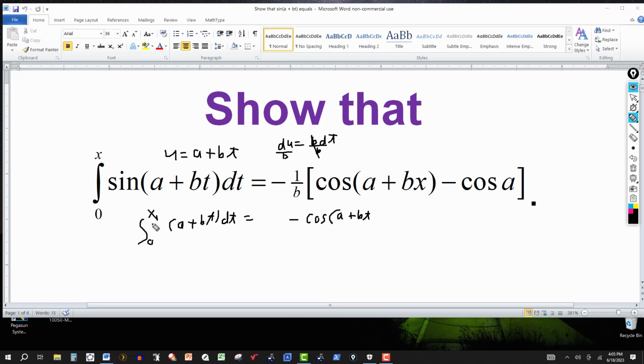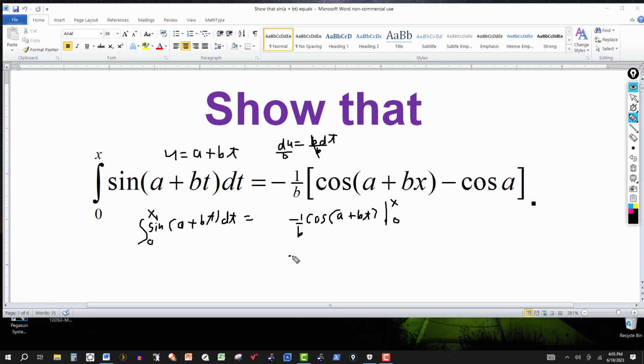And I've got a sign error here. This should be sine. So here I'd have to divide by b, or multiply by minus 1 over b. And then we evaluate this from 0 to x. Lower limit of 0, upper limit of x.